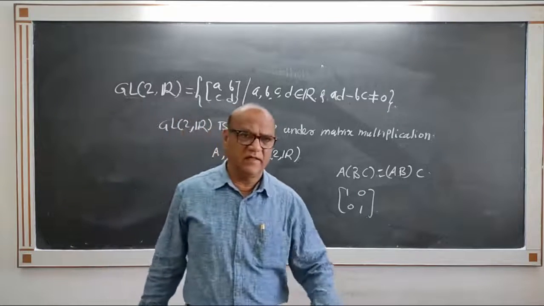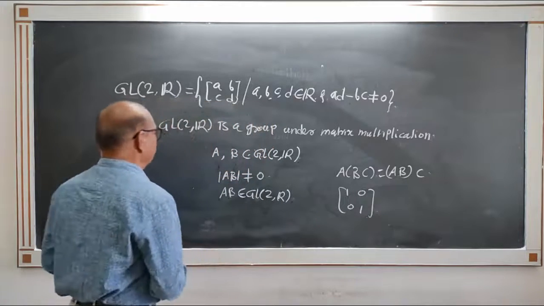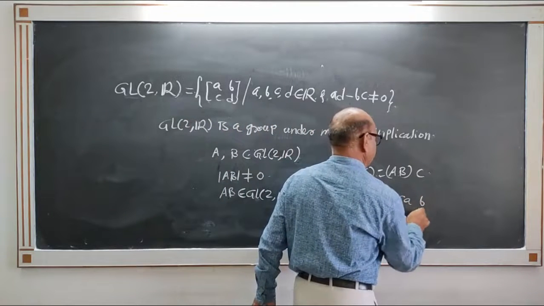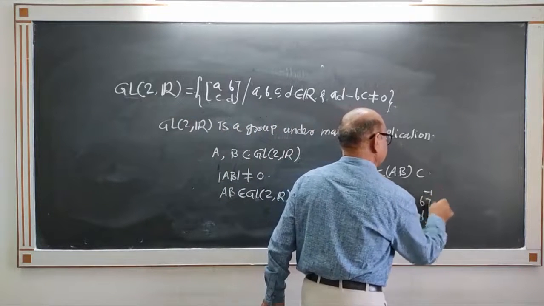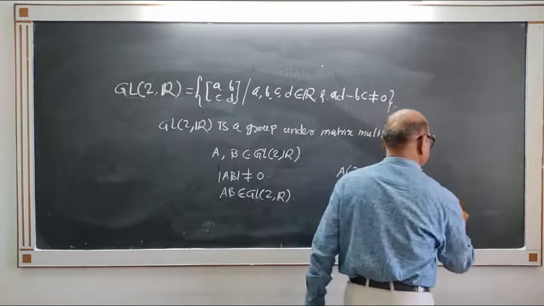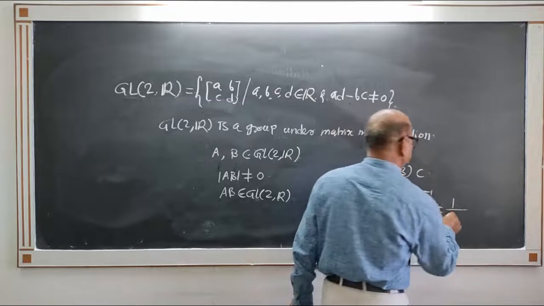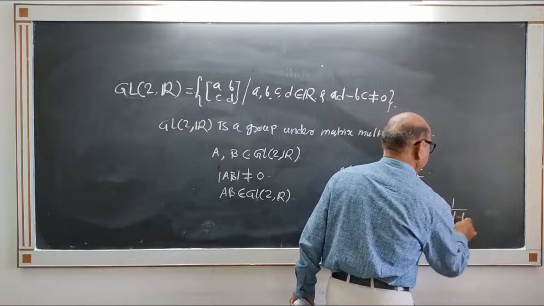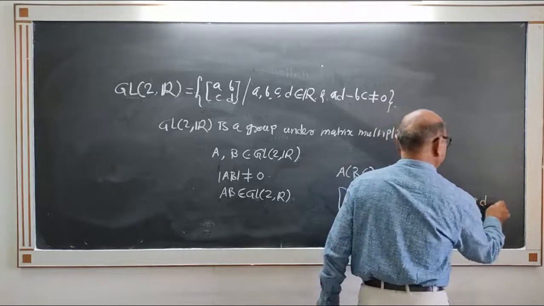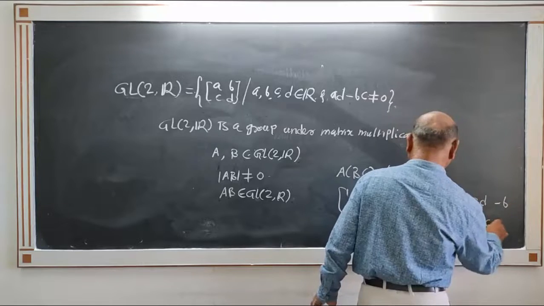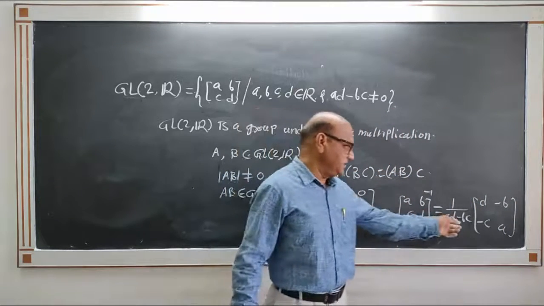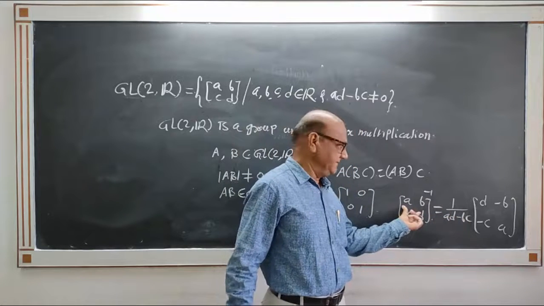And the inverse of the matrix a, b, c, d is 1 upon the determinant ad minus bc, times the matrix d, minus b, minus c, a. This is the inverse of this matrix.